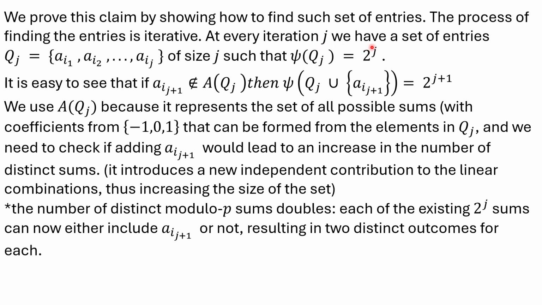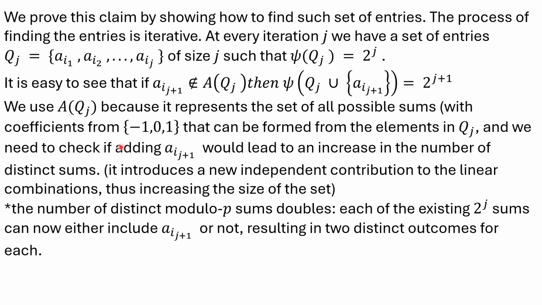to 2 to the j. It is easy to see that if a new member doesn't belong to AQj, then if we add it to Qj and we do phi, we get a new size of 2 to the power of j plus 1. We check with AQj because it represents the set of all possible sums with coefficients 0, 1, or minus 1 that can be found from the elements in Qj.